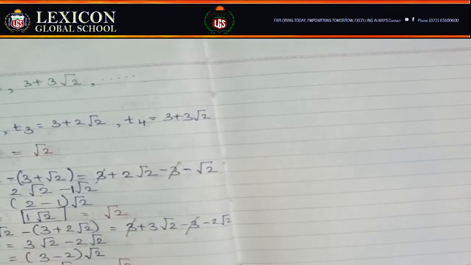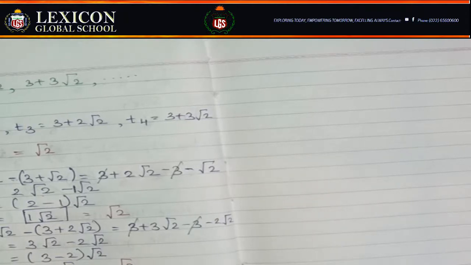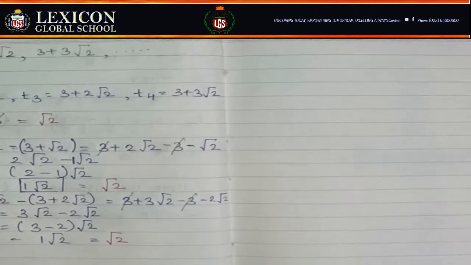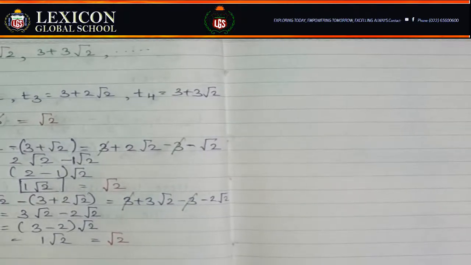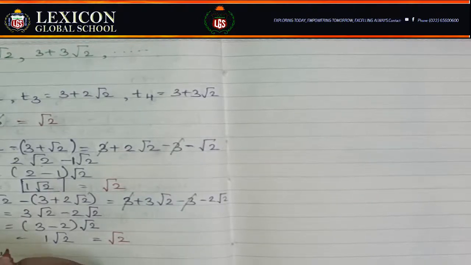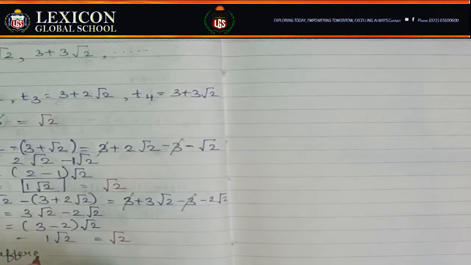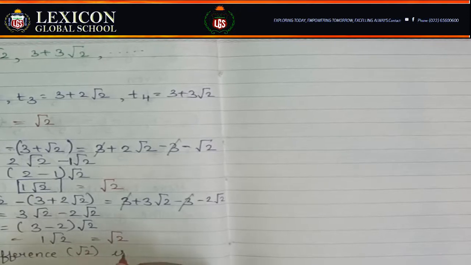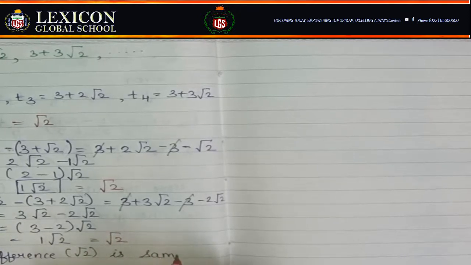As you can see, the difference over here is again the same. So are they in an AP? Yes, because the difference is the same, therefore they are in AP. So what am I going to write? Here the difference, root 2, is the same.